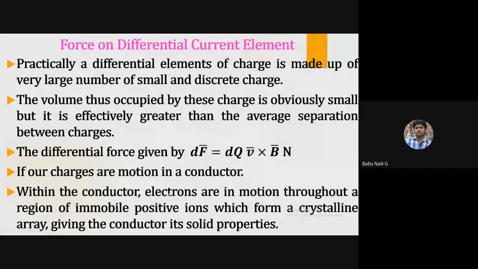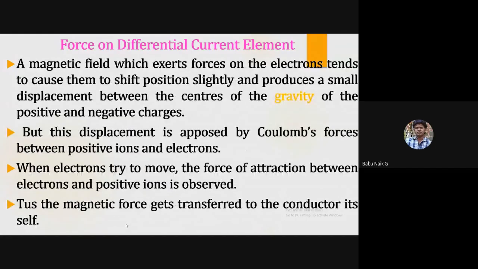When we have positive or negative charges, electrons are in motion, and holes are also in motion. Both form the crystalline array, which creates a moving object. Now when we calculate the magnetic field, the force it exerts on the electrons tends to shift their position slightly.